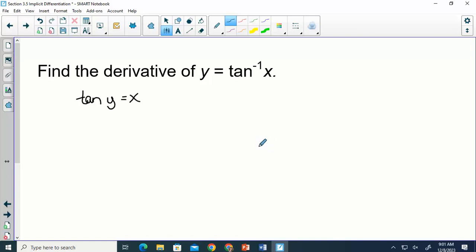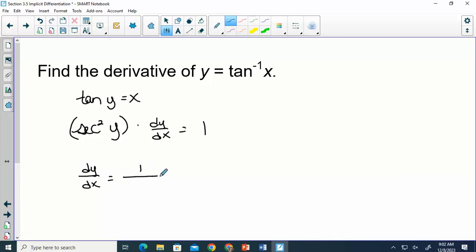And then if we did this derivative, derivative of tangent is secant squared, angle stays the same, times derivative of the inside, derivative of y, dy dx, equals derivative of x, 1. So dy dx is 1 over secant squared y.